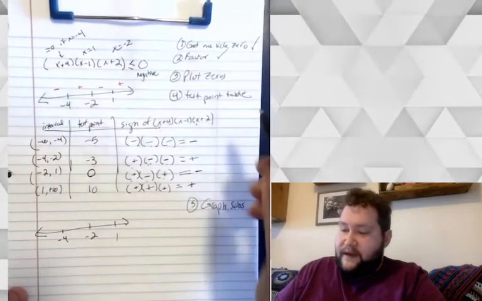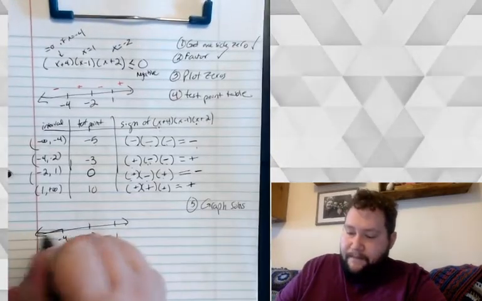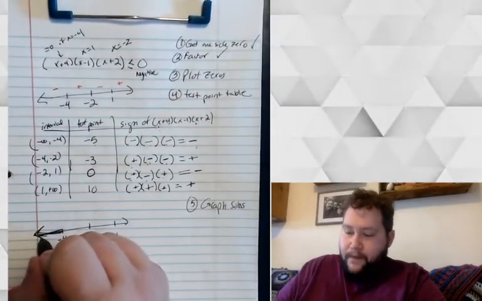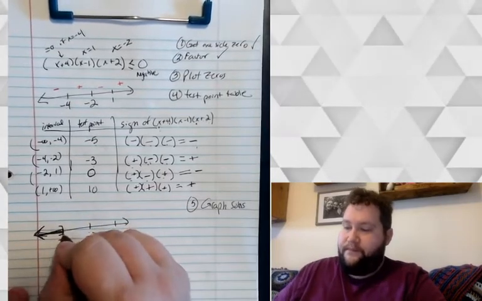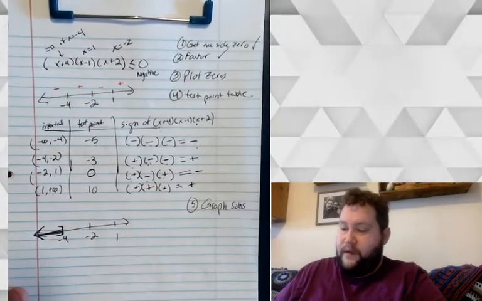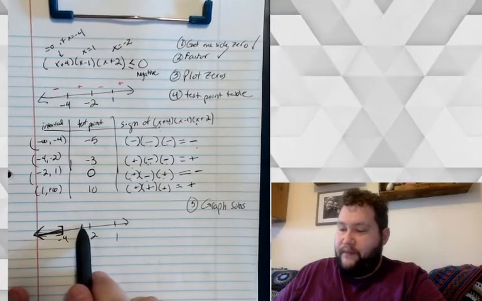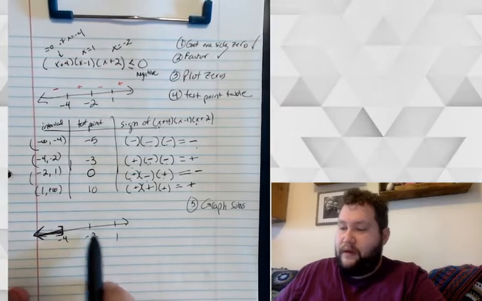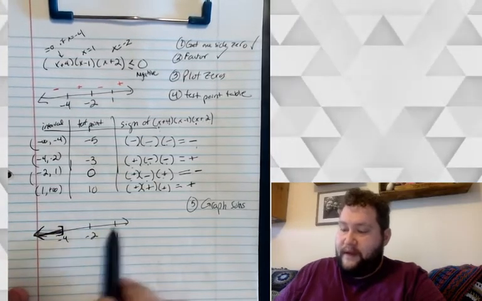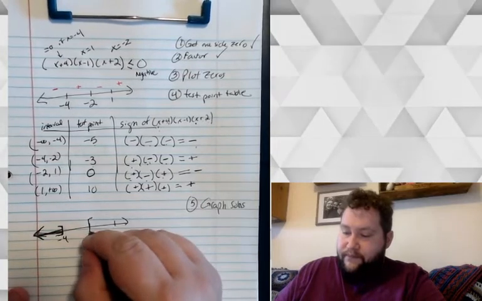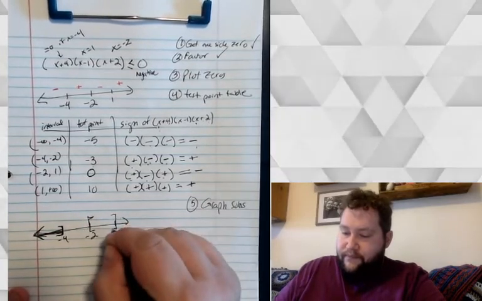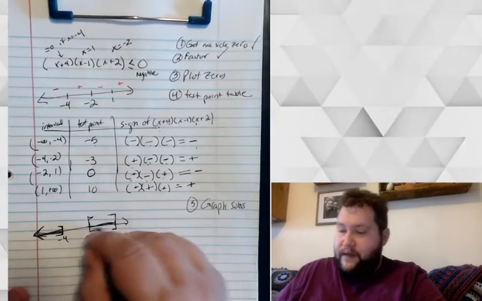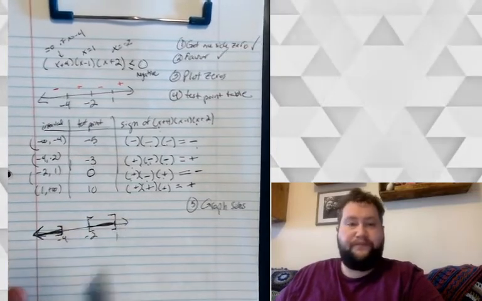Well, we said it's negative here, at or equal to negative 4. It's positive here, and then between negative 2 and 1, it's negative. And then over here it's positive.